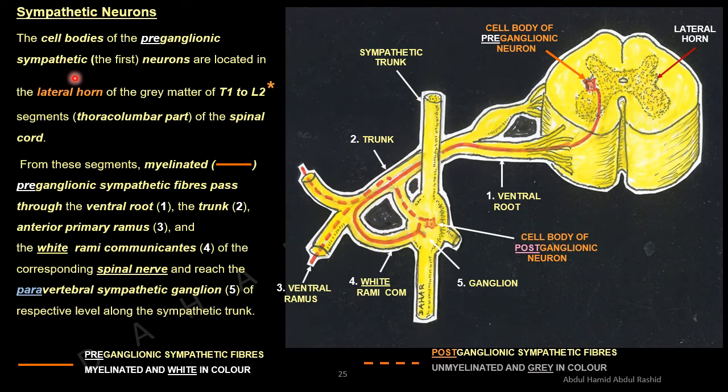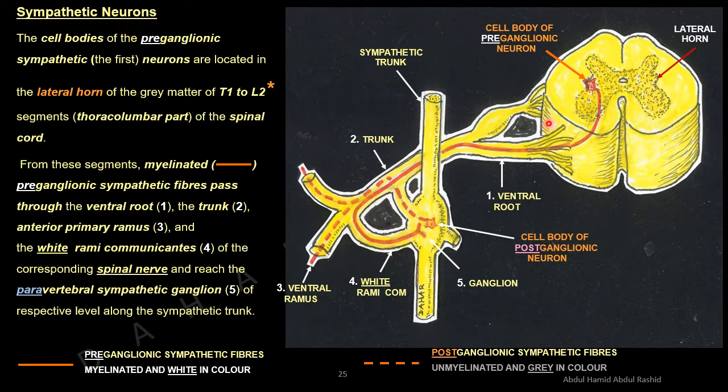As I have stated earlier, the lateral horns are the place where the cell bodies of the first order sympathetic neurons are located. I have already mentioned that. So now we are going to talk about the sympathetic neurons. It consists of a series of two order neurons, first order neuron and second order neuron.